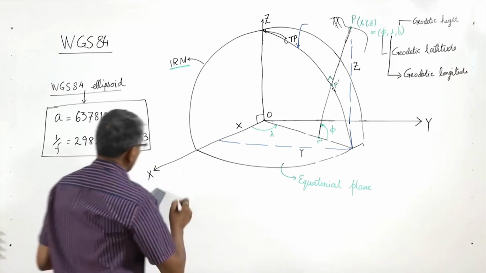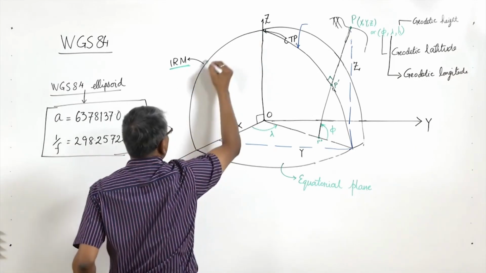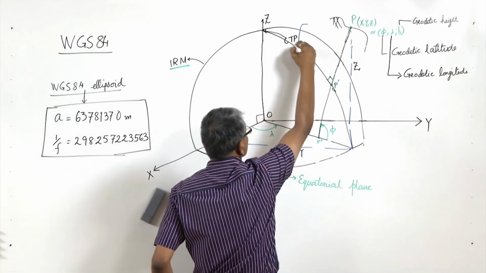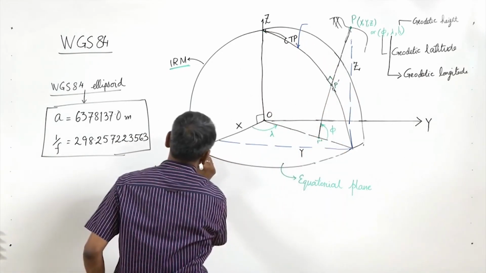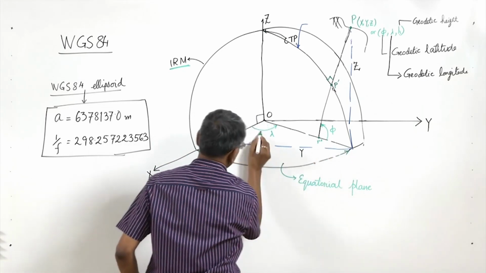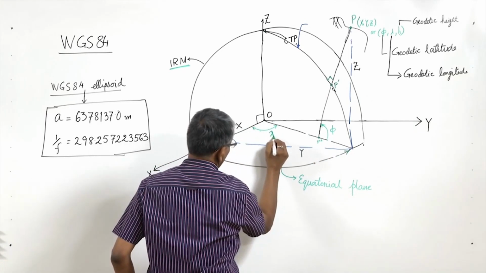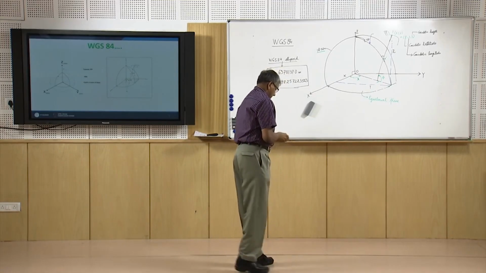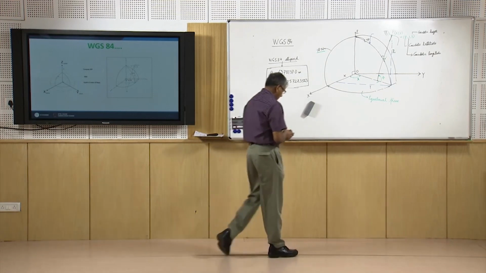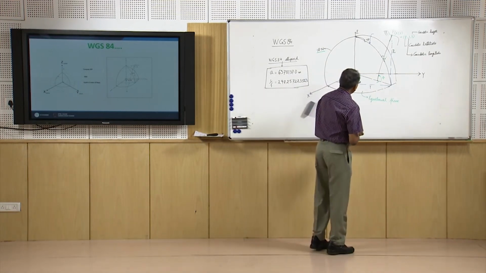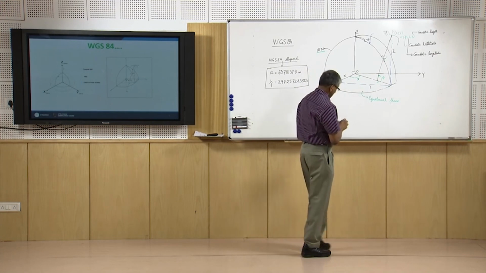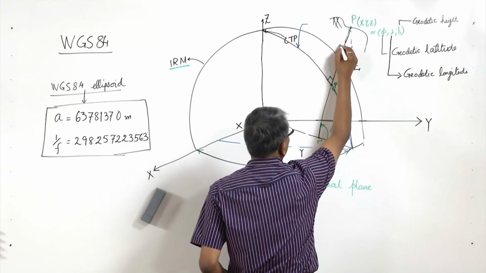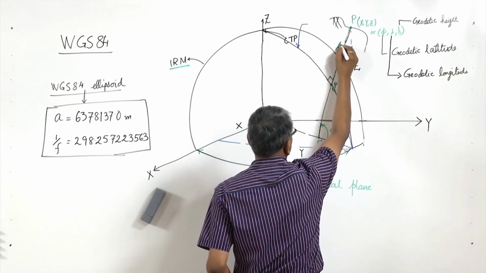The angle between the reference meridian IRM and the meridian passing through the point is called the geodetic longitude, and the height of the point above the ellipsoidal surface is called the geodetic height.